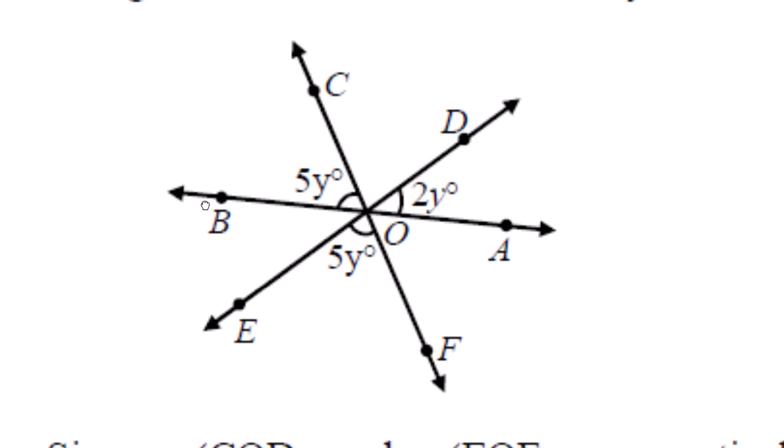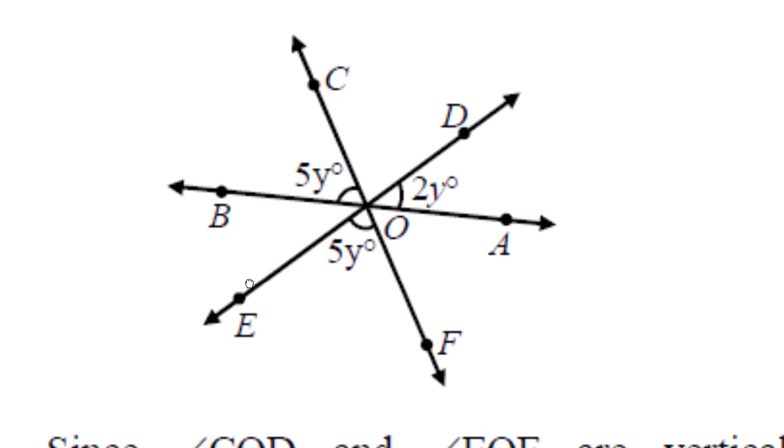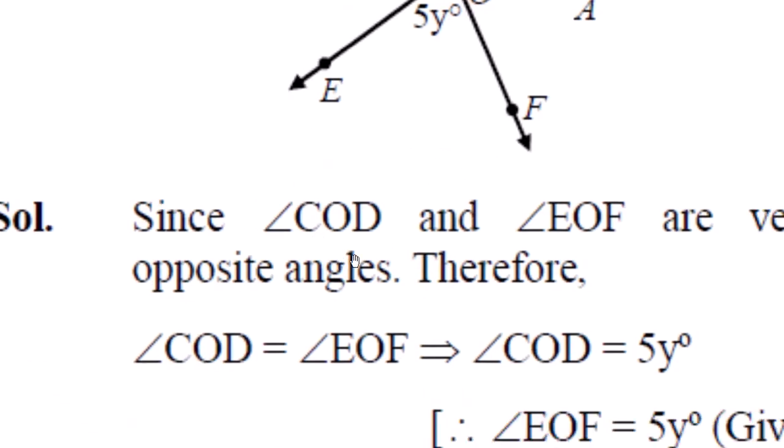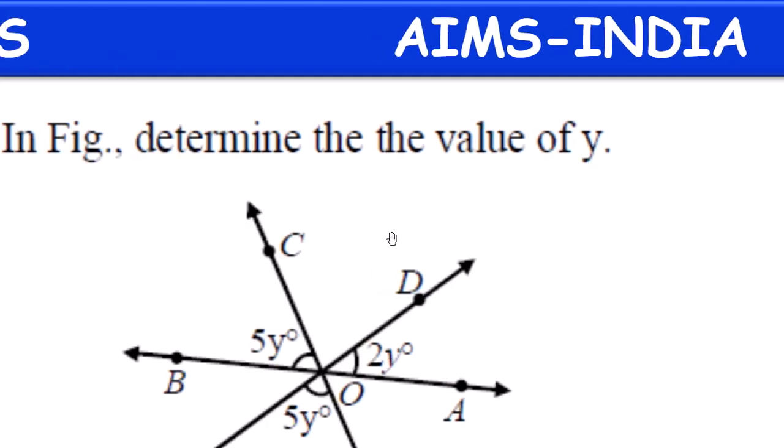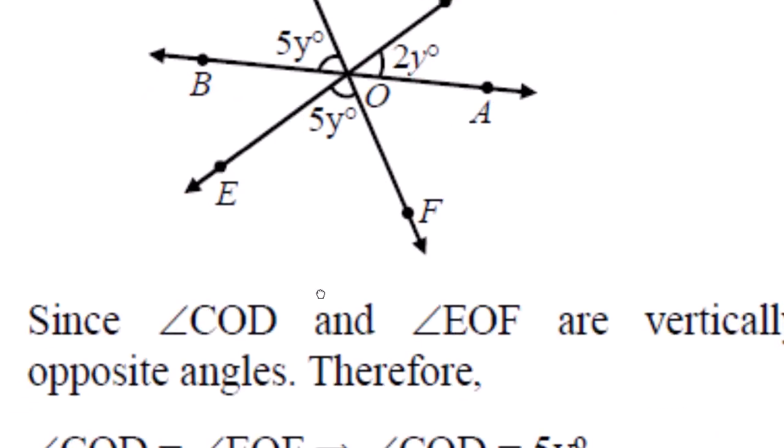This AB line, CF line, DE line, they are intersecting at point O. Here 2y degrees, here 5y degrees, here 5y degrees. Some angles they have given here. Now determine the value of y. The y value we have to find.